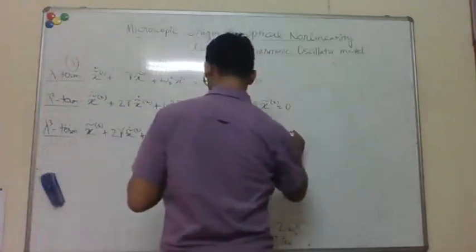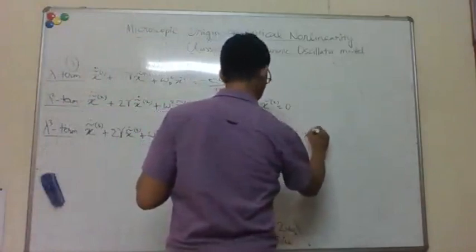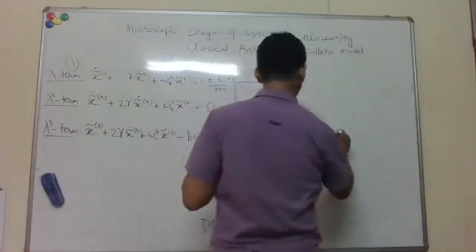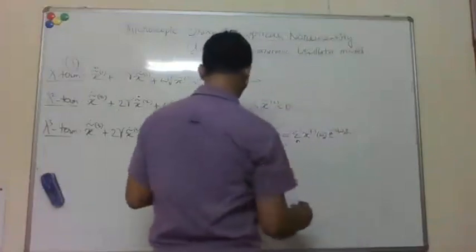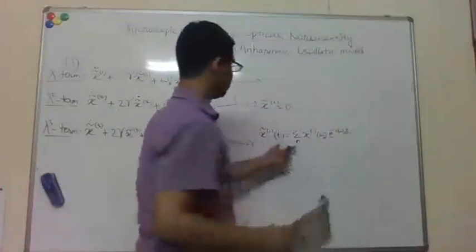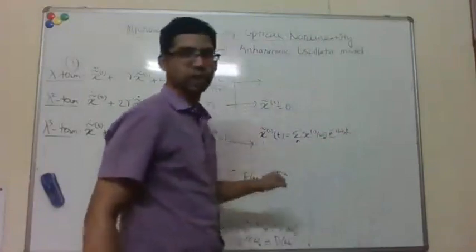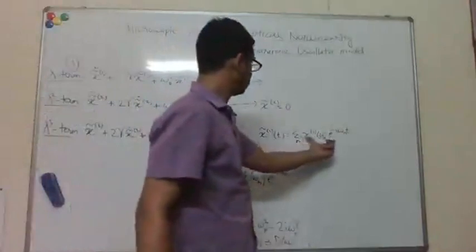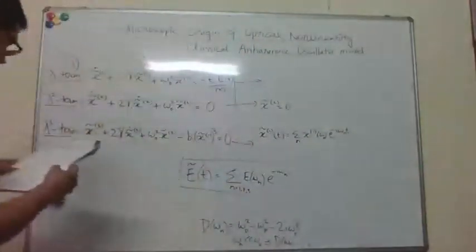Okay, so x1 of t we wrote as this, and then we got a solution for x1 at frequency omega n. So you can plug this solution for x1 into here.